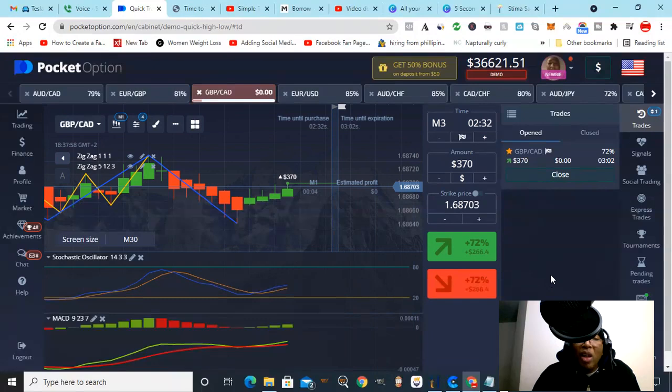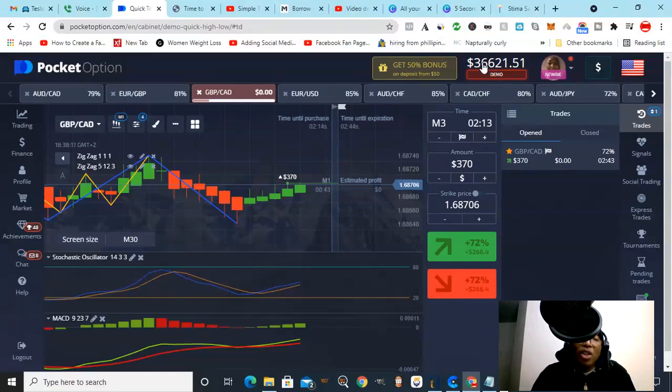So we took a call option here for about 1% of my account. That's what I advise all the beginners to do, 1% of your account. So if you have $100 in your account, 1% is $1. So you're going to take a $1 trade, win a couple of those. You can double it up to 2%, which is $2 trades. Win a couple of those.